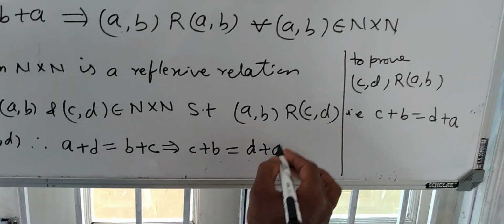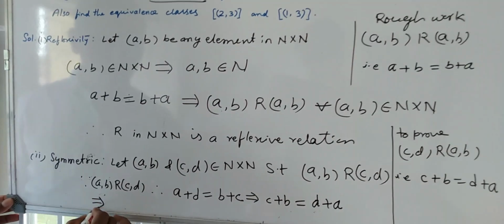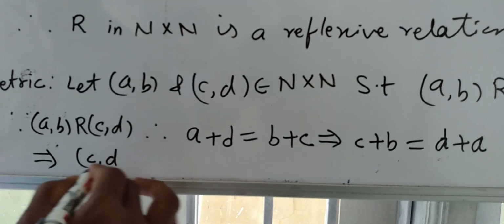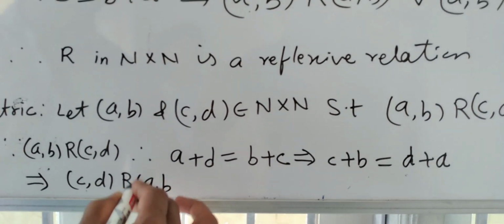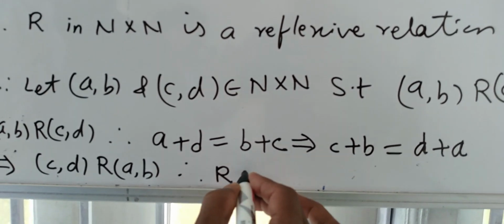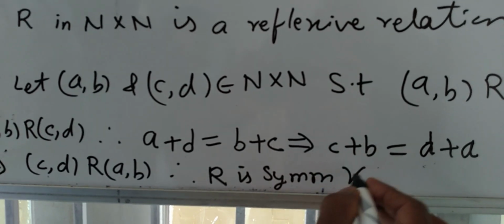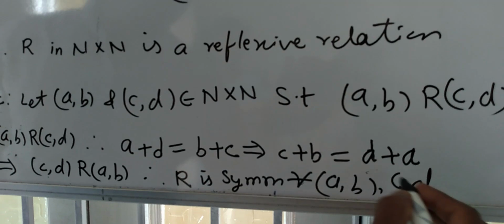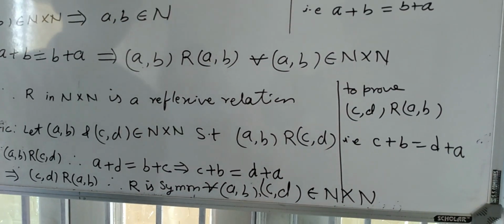This implies (c, d) is related to (a, b). Therefore, R is symmetric for all (a, b), (c, d) belonging to N cross N.